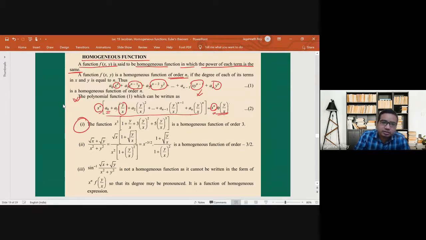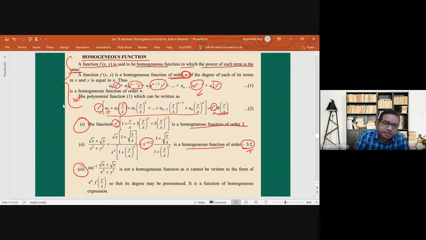This is the definition. For example, if we have this type of function, here it is a homogeneous function of order 3. Note that if we write the negative term also, then it is a homogeneous function of order minus 3 by 2. So it can be negative. The definition does not say anything about whether it is positive, negative, or integer. It can be a fraction also. It is just any real number. It can be 0 also.